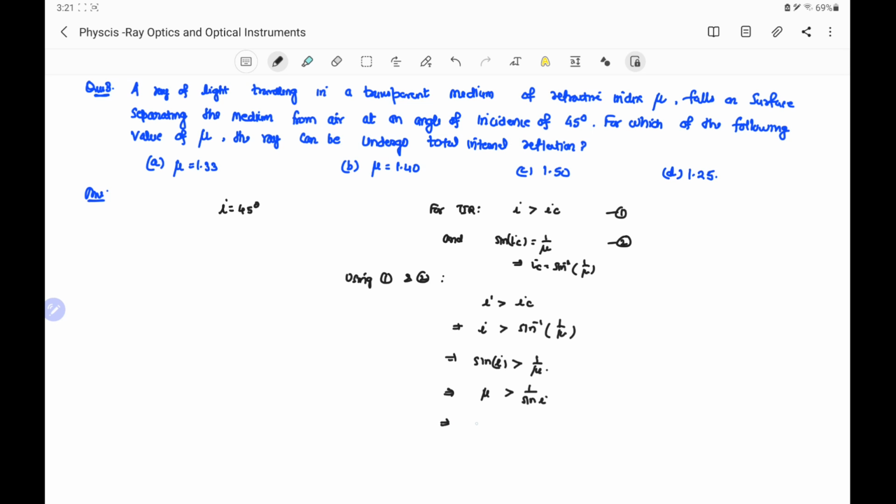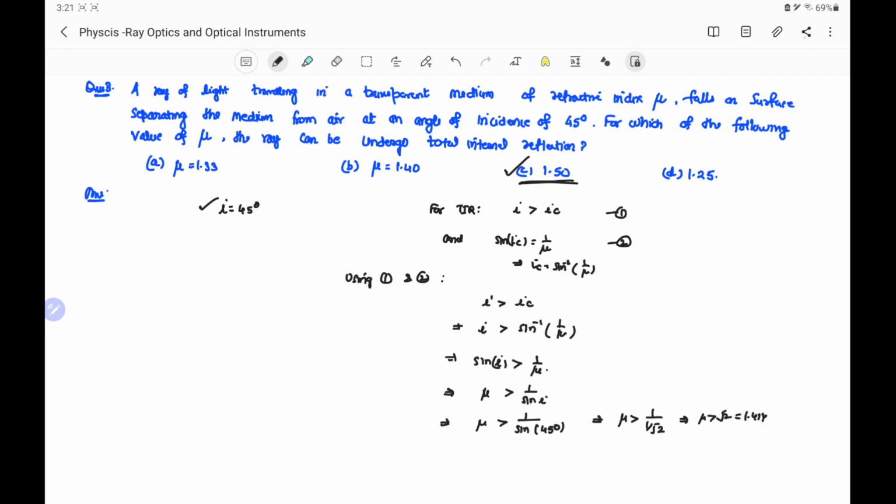This implies that mu is greater than 1 by sine 45 degrees, so mu is greater than root 2. Root 2 is equal to 1.414. So in the given options, option C is the valid answer because 1.50 is greater than 1.414. Hence option C is the correct answer.